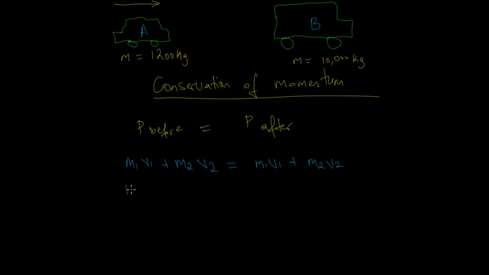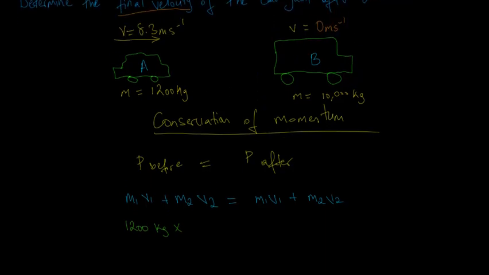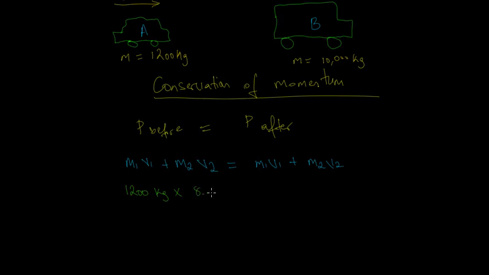So we'll say 1200 kilograms multiplied by our velocity, 8.3 meters per second. That's the momentum of the car, plus the momentum of the truck. Its mass is 10,000 kilograms multiplied by 0 meters per second, because we're told that it was stationary.